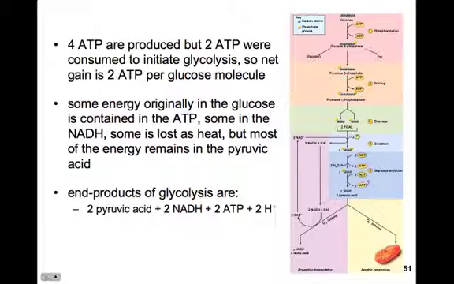Go ahead and pause the recording for a moment and take time to diagram out the process of glycolysis. Each of the phases: phosphorylation, priming, cleavage, oxidation, and dephosphorylation. And remember, the important things to track here are: where do the carbons go? Where are the electron carriers, these coenzymes?